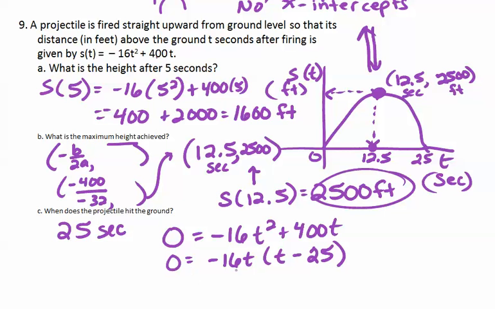And we would use our zero product property. Either the first factor is equal to 0, and that would be letting t equal 0, or this factor is equal to 0. So we knew the projectile had a height of 0 at the beginning of the problem. It was at ground level when it was fired, and now we know it reaches ground level again after 25 seconds.